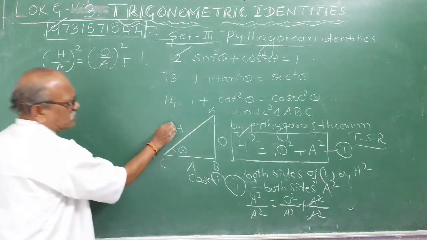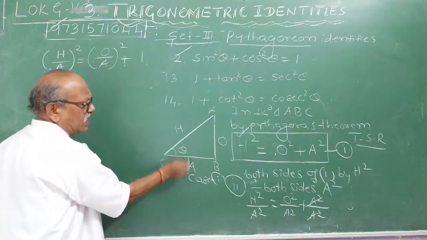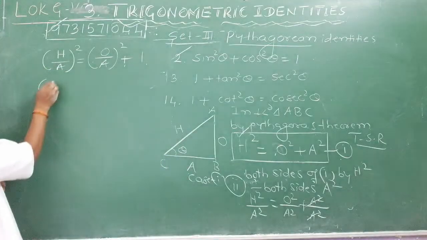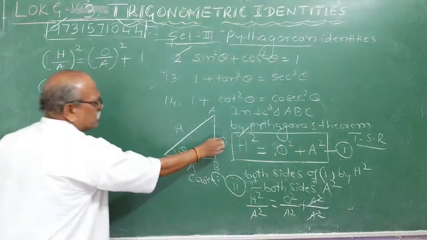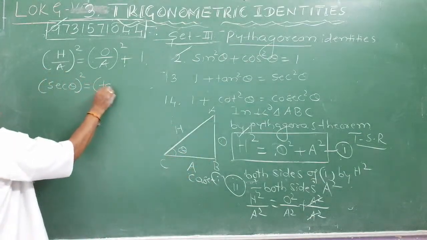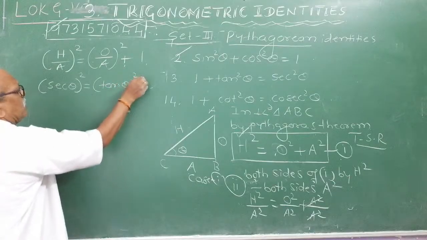What is hypotenuse upon adjacent? Tell me, is it not sec theta? It is sec theta whole square. What is opposite upon adjacent? Is it not tan theta? You will get tan theta whole square.